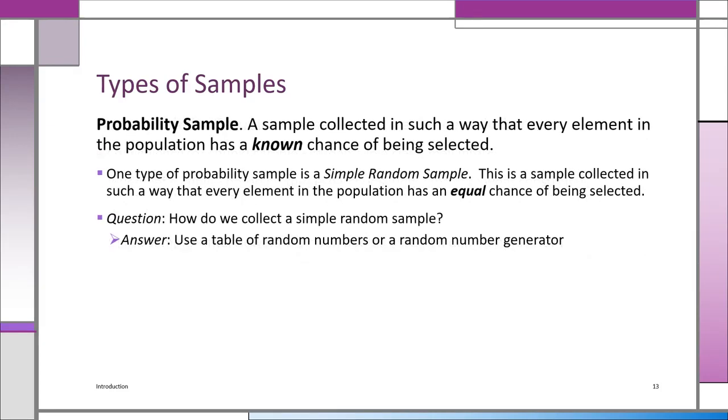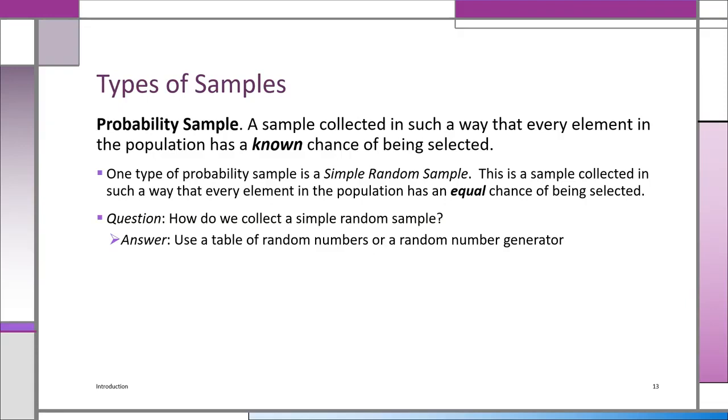Let's talk about probability samples. Okay, that's where you collect the sample in a way that every element in the population has a known chance of being selected. You know in advance what the probabilities are of selecting certain people. So let's talk about the most common one that we talk about in statistics, the simple random sample.